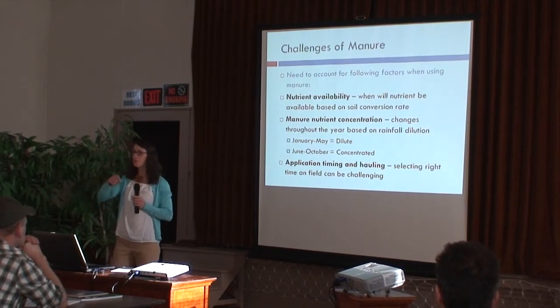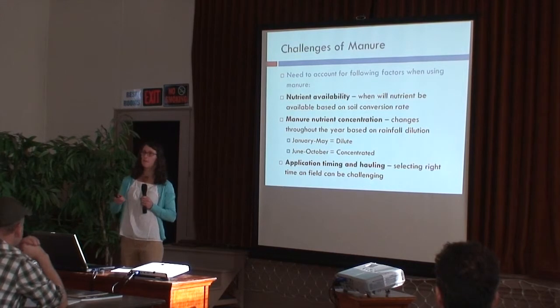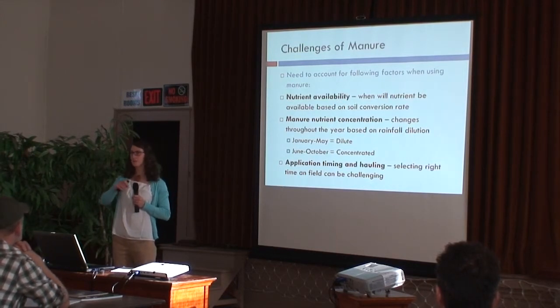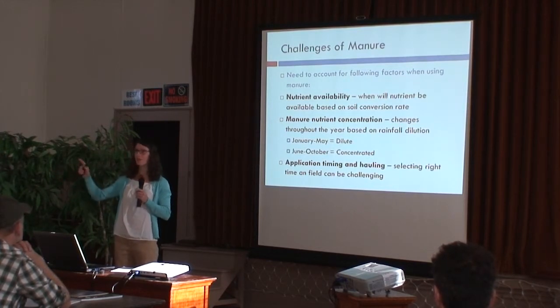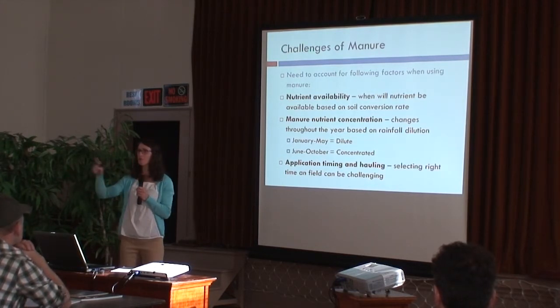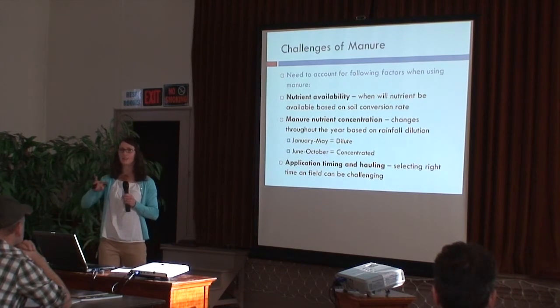So the volume you apply throughout the year has to account for that. That's why we ask you guys to take manure tests, so you know that. Let's say in February, you've got 8 pounds per 1,000 gallons of nitrogen, whereas in August it may be 20. You can't apply the same 8,000 gallons or 10,000 gallons to your grass on both of those. So you need to start balancing that.